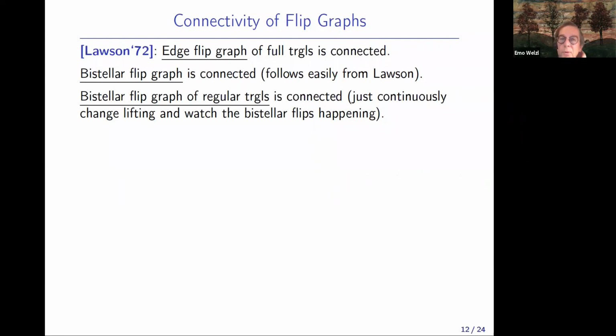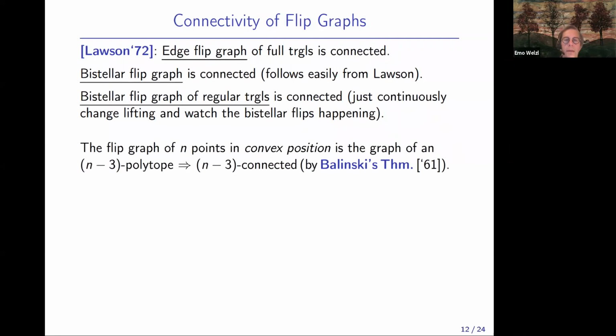If you have two height functions which give you two regular triangulations, you can just continuously move from one height function to the other and observe the lower convex hull, and the changes you observe on the path are exactly the bistellar flips. You have to be careful to avoid degeneracy, but that's a minor issue. Okay, so all the graphs you consider are connected.